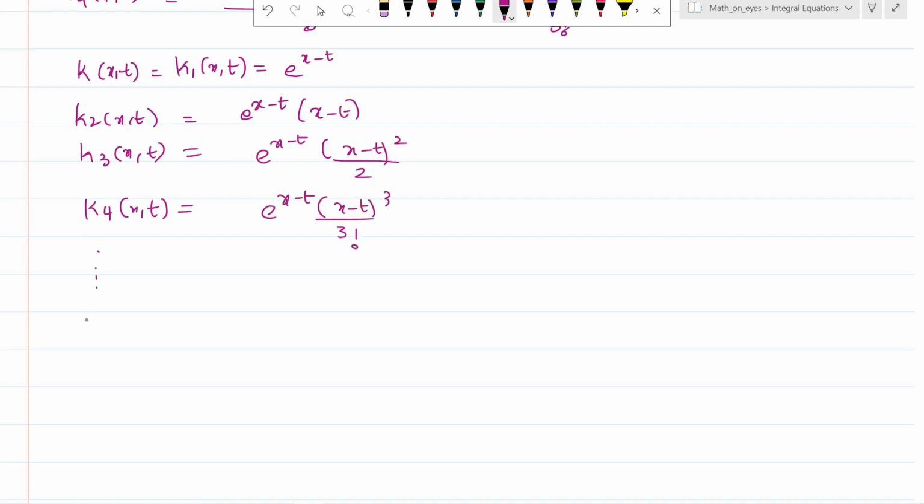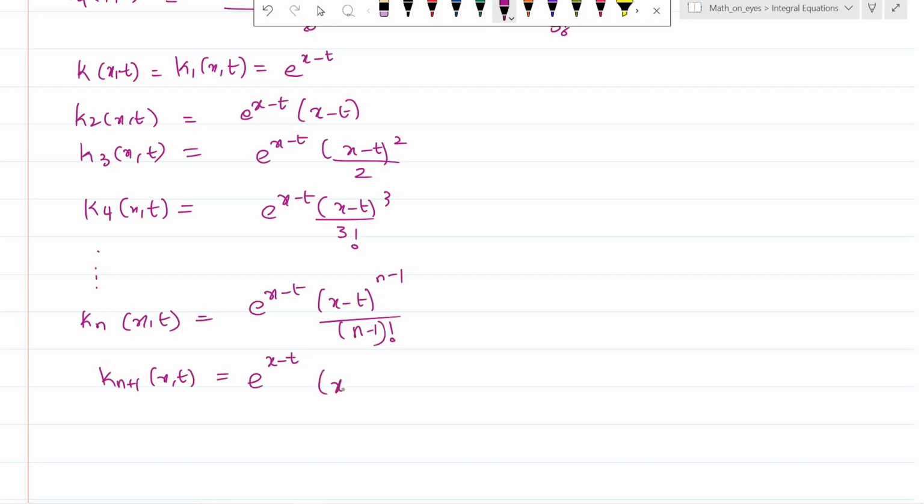And if you proceed further, you will find kn of x comma t is equal to e to the power x minus t into (x minus t) the whole power n minus 1 divided by n minus 1 factorial, and kn plus 1 of x comma t will be equal to e to the power x minus t into (x minus t) the whole power n divided by n factorial.